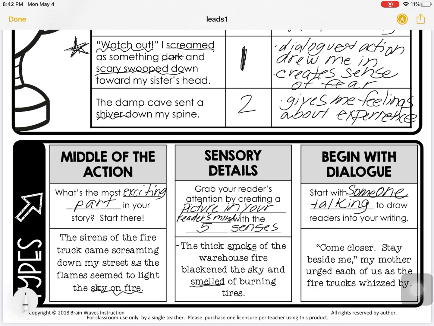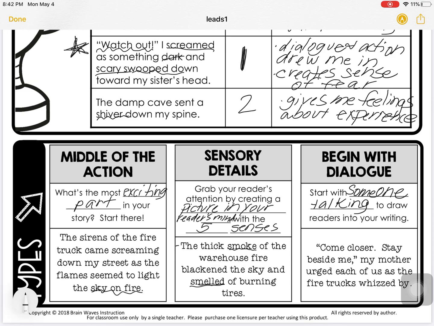Stay beside me," my mother urged each of us as the fire trucks whizzed by. So here we have 3 different leads about the same story about a fire. I like them all. They're all really great, intriguing ways to start your story, start your writing.